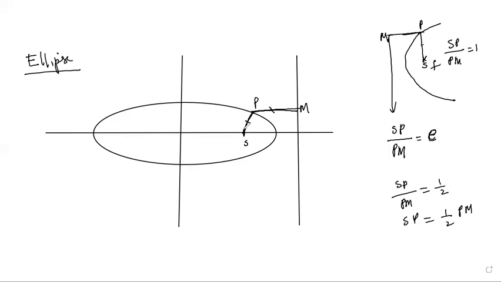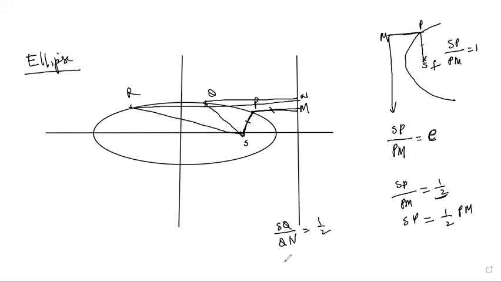Suppose I measured SP upon PM and got 1/2. I took another point Q here and measured SQ upon QN. That also will give me 1/2. Imagine I took another point R here, measured SR upon RQ. That also should give me half. So for any point you take on the ellipse, SP upon PM will be a constant, and that constant should be less than 1. Then you will get an ellipse.